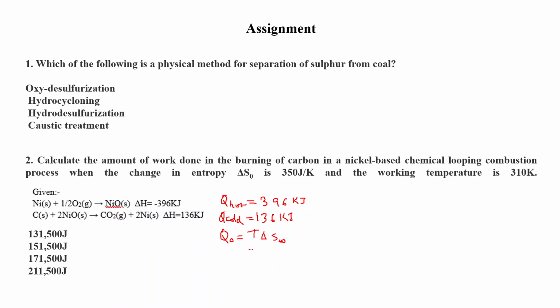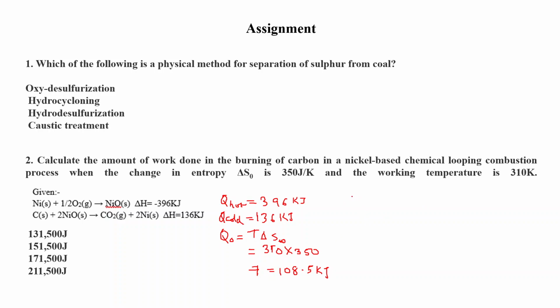T and delta S naught are given in the question: 310 into 350, which gives 108.5 kilojoule of heat given out.